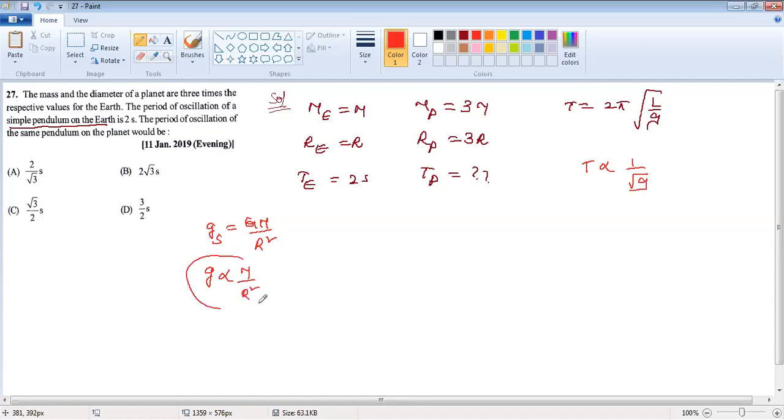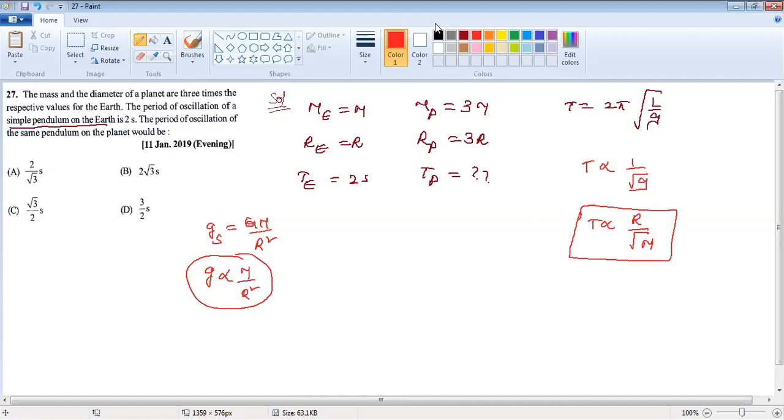So the time period is proportional to r by root m.